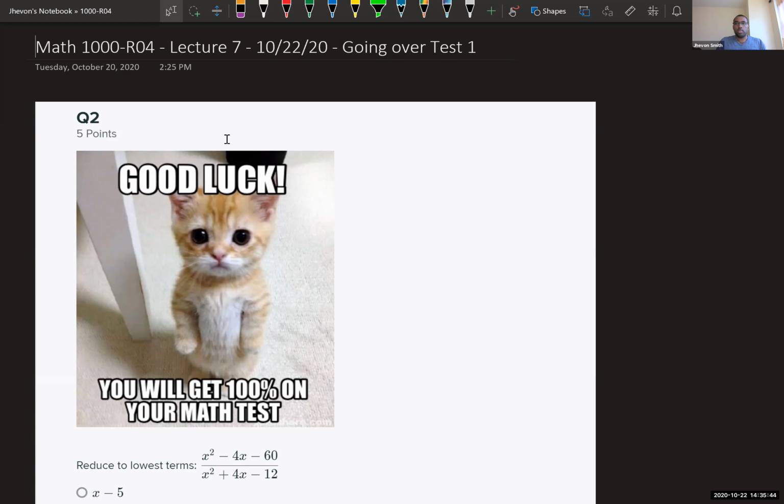After I update Jupyter grades, you'll see where you are, and that would be after any curve is put in. I have a question. Is there any better way we could upload our work during the test? I had to email myself my work and then upload it because my two devices weren't connected, and that took time. There are many better ways. You can log in on your phone, and if you press the upload button, it'll link directly to your camera, and you can just take a picture and upload directly.